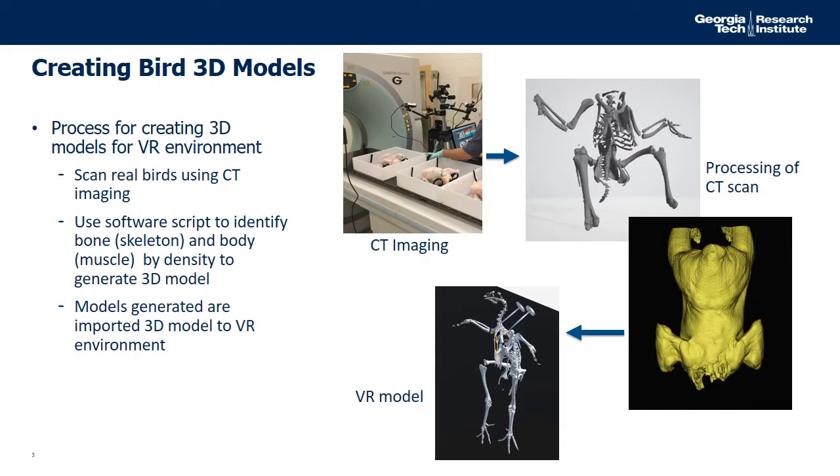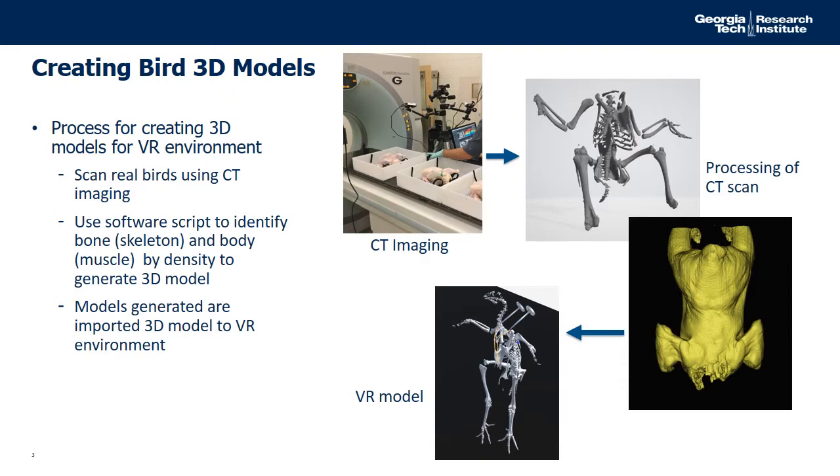I wanted to outline the process for creating the high-fidelity bird models that we need for the VR environment. We first start by scanning real birds using CT imaging. We scan many birds in order to have a wide selection of shapes and sizes. The image in the upper left shows the scanning operation, including bins where the birds were placed and then the CT scanner.